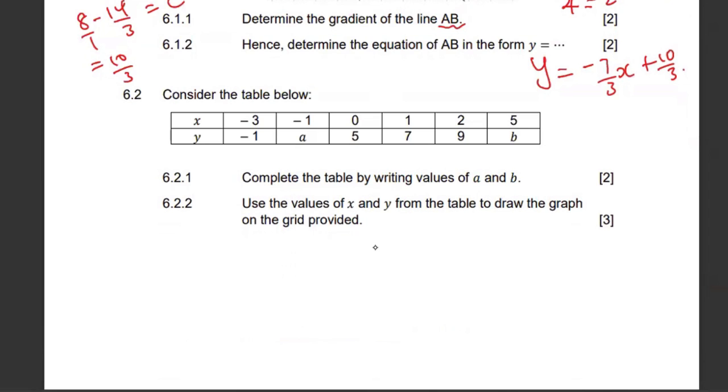Okay, we have all of this. Complete the table by writing the values of A and B. So what do we see? What I can tell from the pattern is that it's just increasing by 2, meaning that I have to get this 5 subtracted 2, which is going to give me a 3.